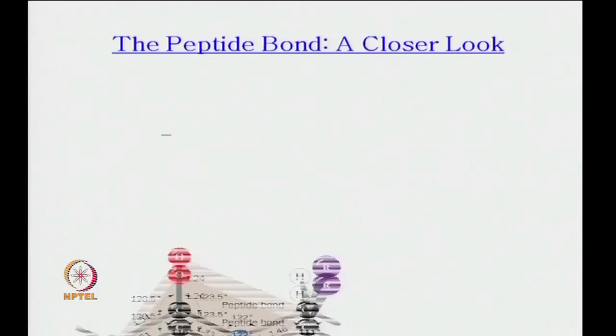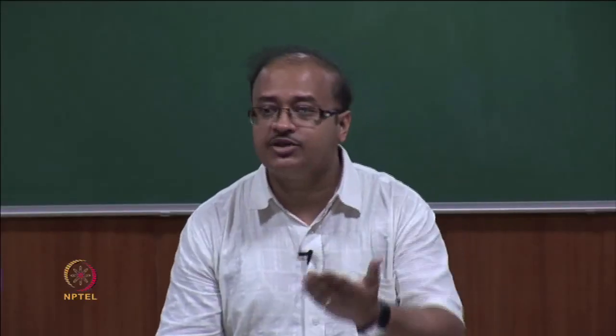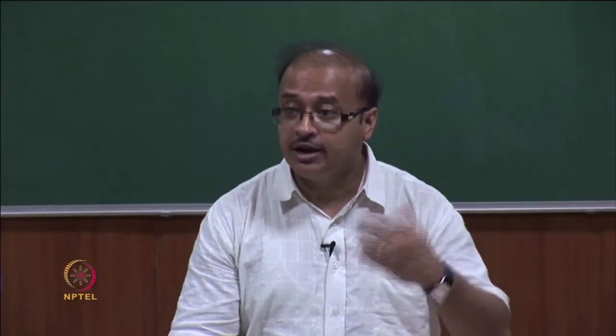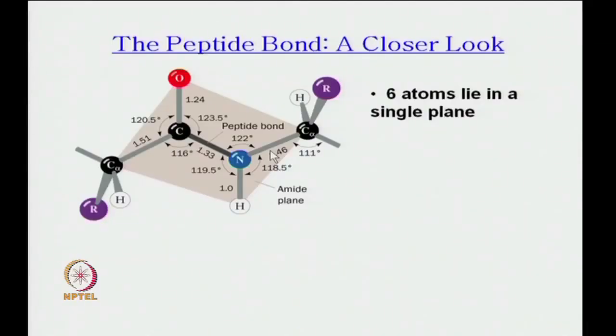Taking a closer look at the peptide bond, let us look at it again. Here we have the C alpha, which I told you is very important, then the C, then the N. Again the shaded region is the plane which contains the peptide bond, planar because the peptide bond has double bond character. Some specifics: there are 6 atoms lying in a single plane.